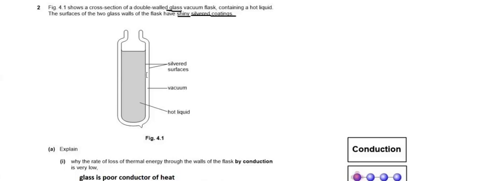And if some heat is acquired anyhow, it will emit a smaller amount of heat to the outside. The outside surface is also a silver surface, so it will emit less heat to the environment, because the silver surface is also a bad emitter or poor emitter.